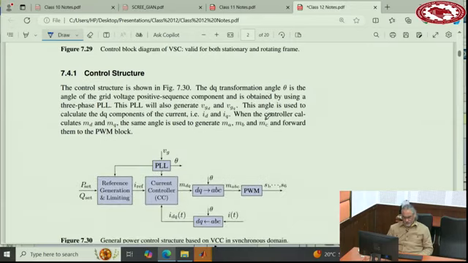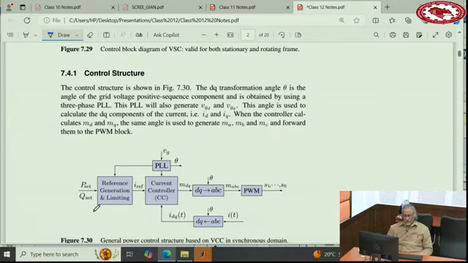Control structure. Control structures now in the DQ says, okay, I take the current and I convert it to DQ. To convert it to DQ, I need a theta, and that theta comes from PLL, right? PLL also helps to generate the reference current from the set points of the power.